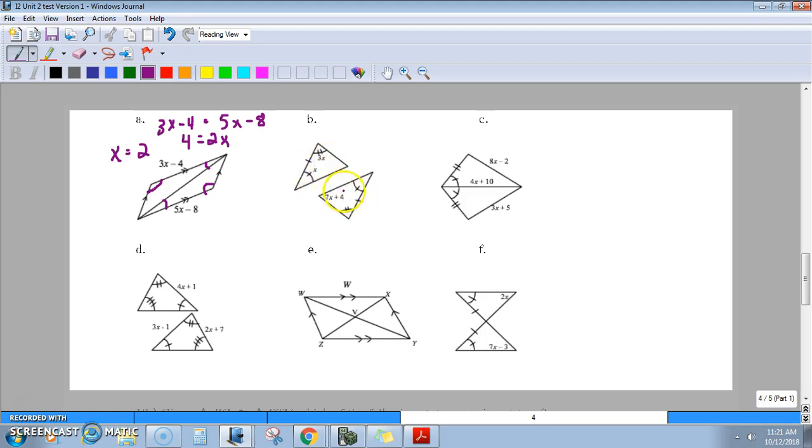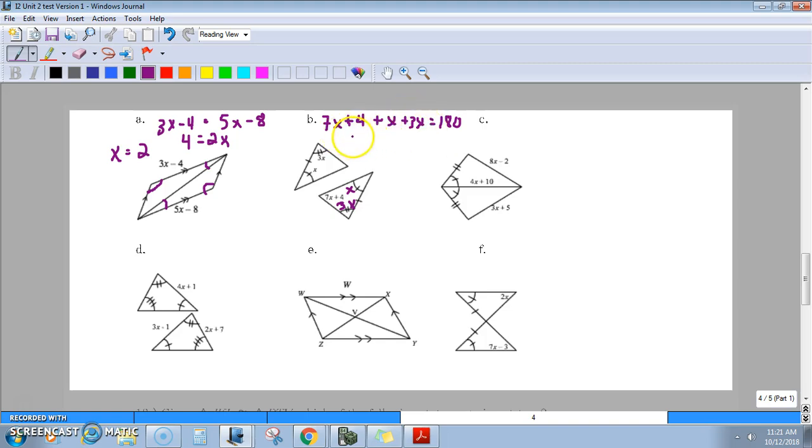That means that all of the angles together must be equal to 180, and if that's 3x, then this is 3x, and if the other one's x, then this is x. So if we add them all up, 7x plus 4 plus x plus 3x equals 180.